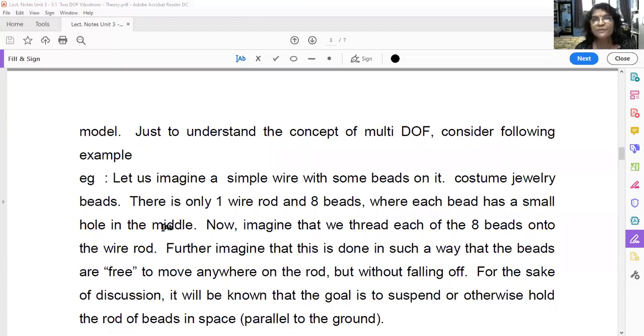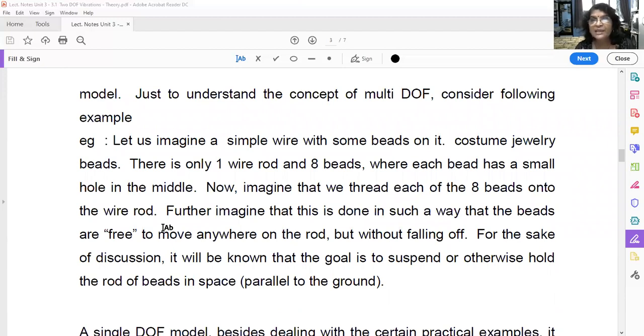You know the meaning, multi D wave means many number of degrees of freedom. So if we imagine a simple wire with some beads on it, usually it is used in jewelry. So there is one wire rod and suppose 8 beads are there, where each bead has a small hole in the middle and it can be inserted in the rod.